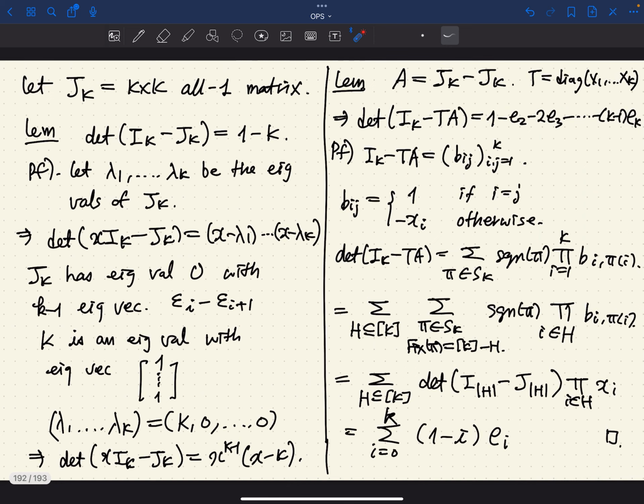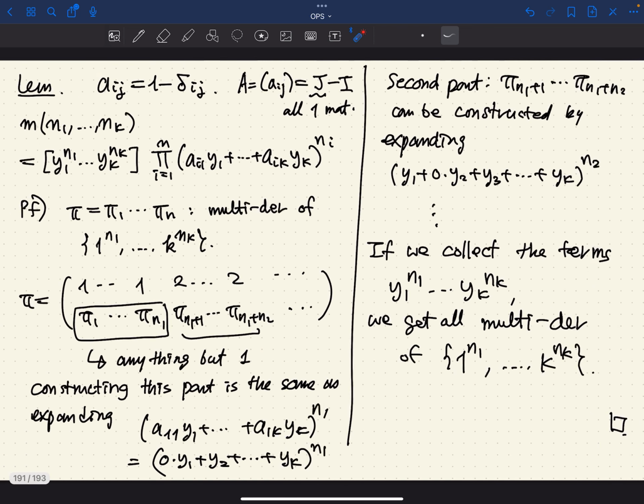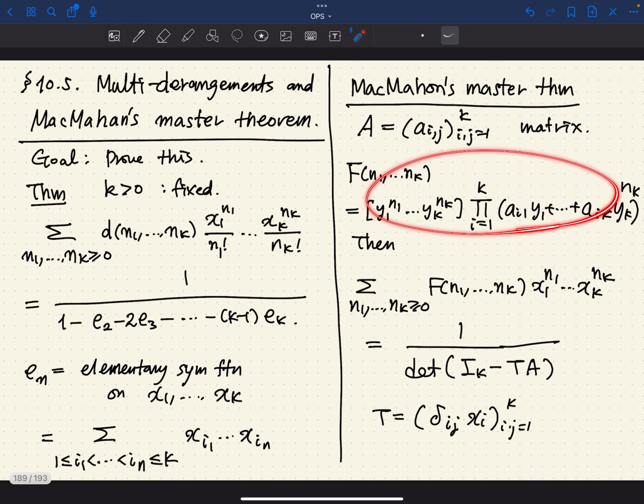Because of this lemma, we can write the generating function for this in this form, exactly the left-hand side of the McMahon's-Mester theorem.